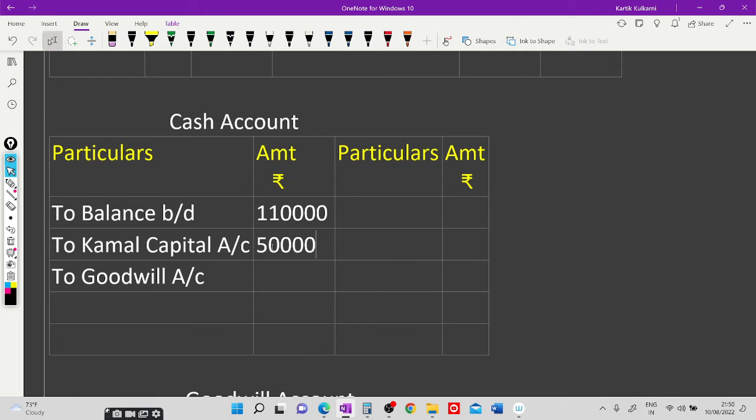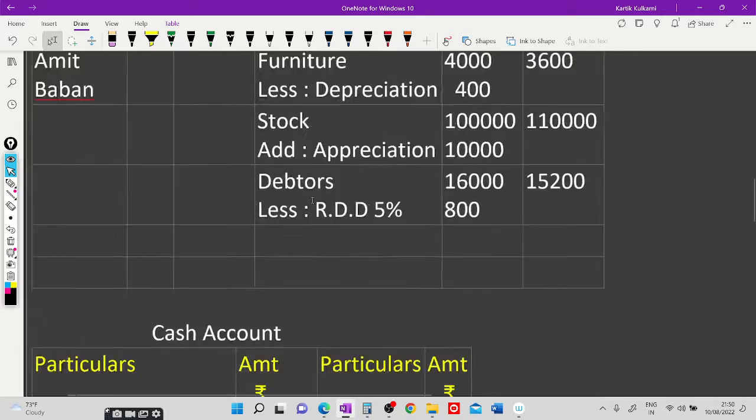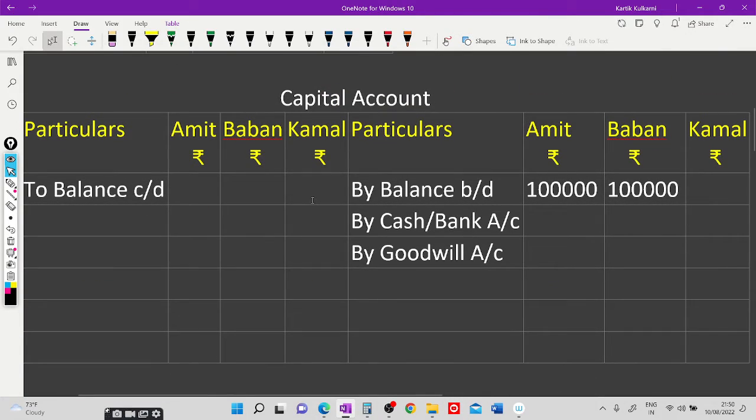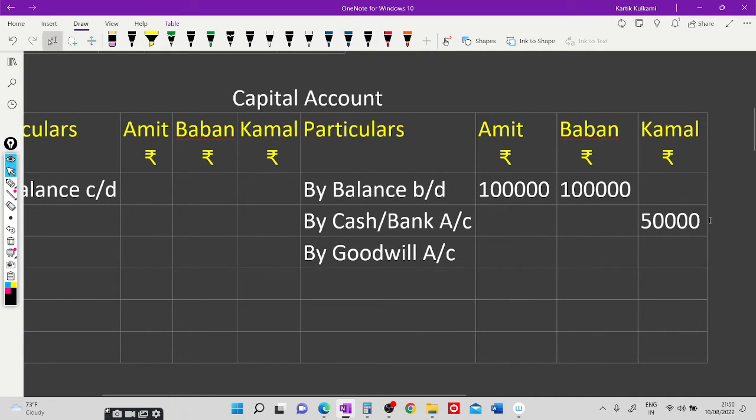So cash account is debited by 50,000, and in the capital account on the credit side, because Kamal's capital account is credited, we will write the name of the account which is debited, that is cash account, and in Kamal's column we will write 50,000. So this was the posting of the journal entry cash account debit to Kamal's capital account credit.